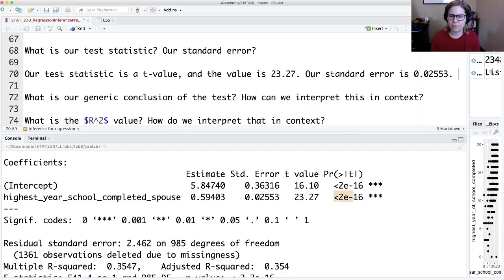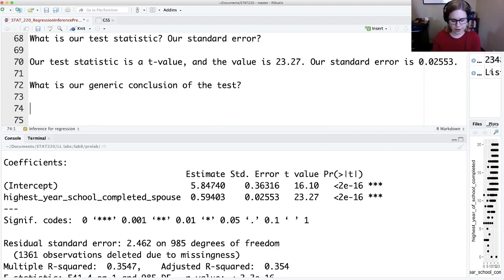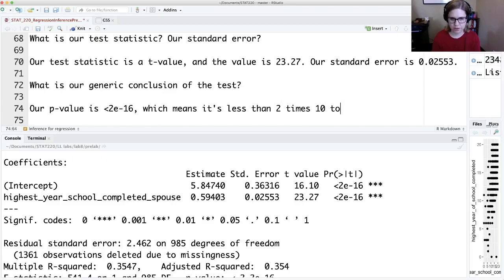So we might have talked about scientific notation in R before, but let's talk about it again. So our p-value is less than 2e minus 16, which means it's less than 2 times 10 to the negative 16th.